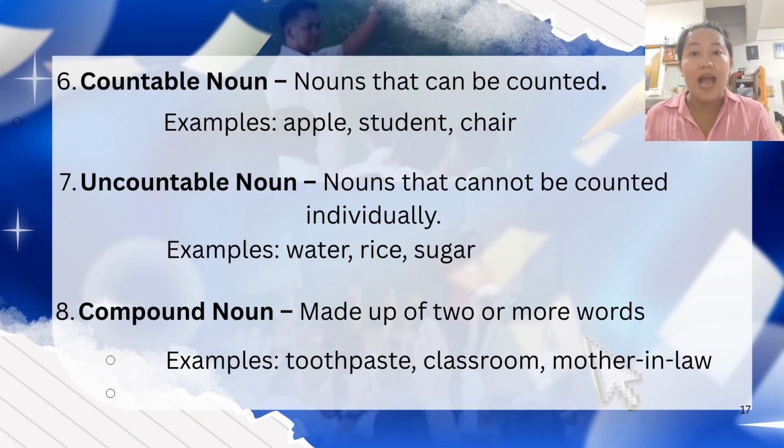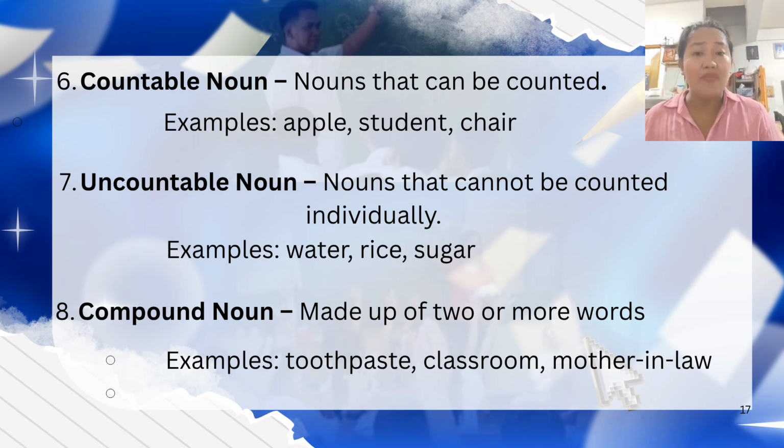For example, apple, student, chair. And the seventh type of noun is the uncountable noun. The uncountable noun are the nouns that cannot be counted individually. For example, water, rice, sugar.